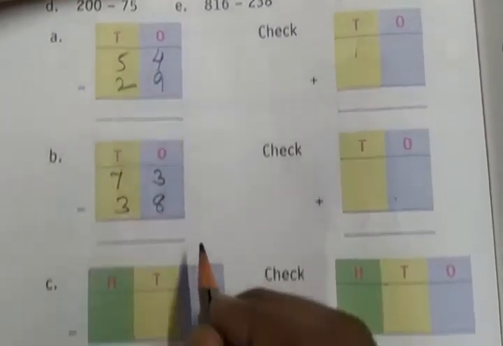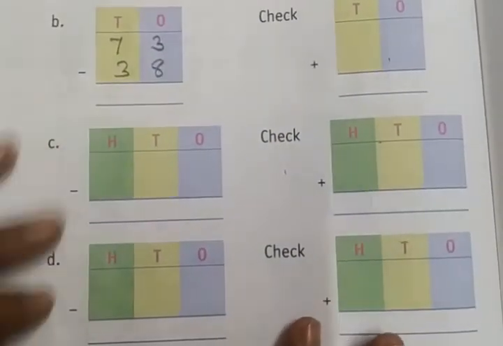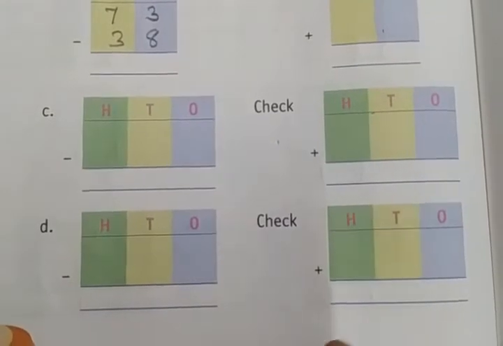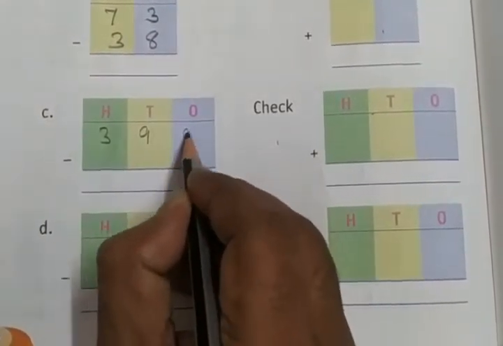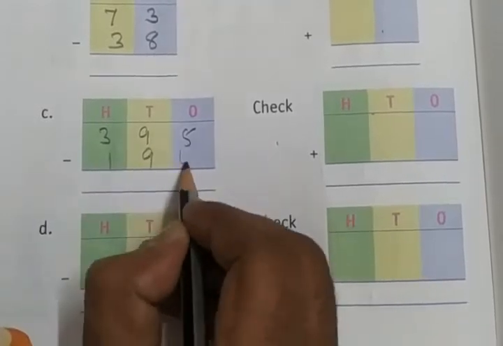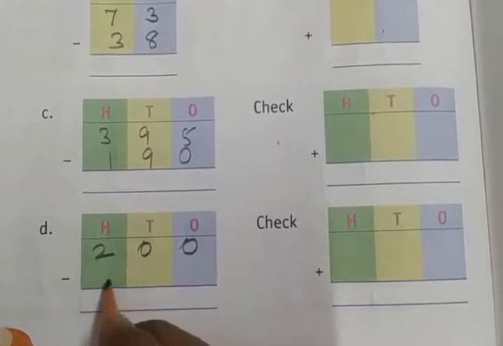Okay, third sum is 395 minus 190. Fourth sum is 200 minus 75.